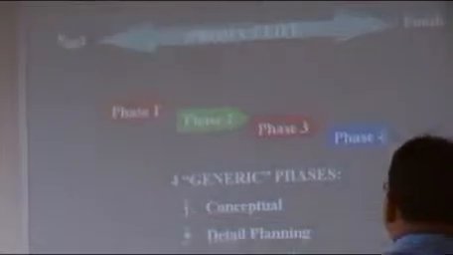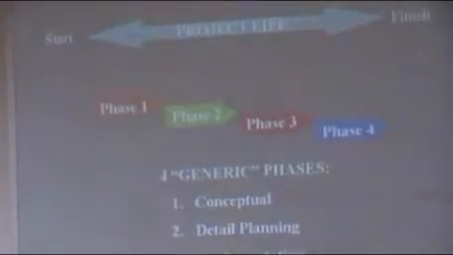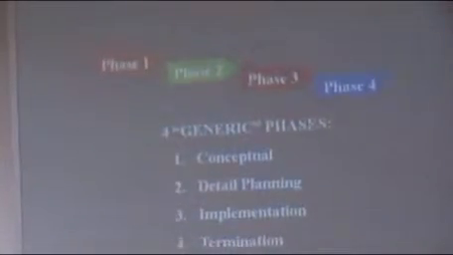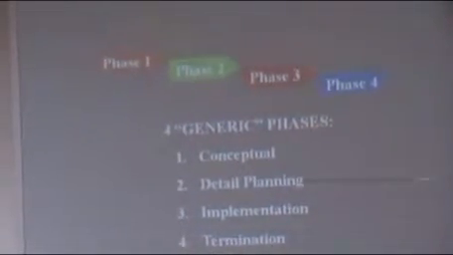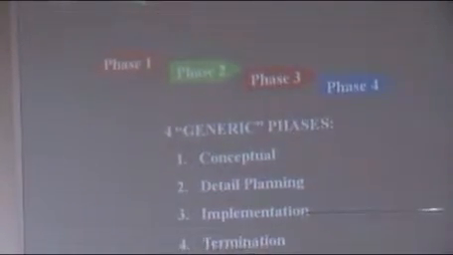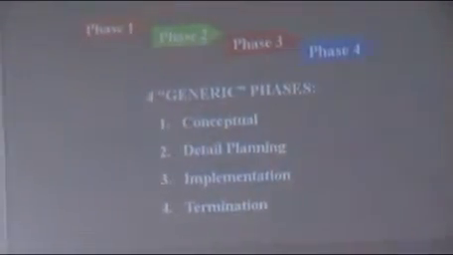There are generically four phases. Phase 1 is called the conceptual phase. Phase 2 is called the detailed planning phase. Phase 3 is called the implementation phase. And phase 4 is the termination, another word for which is the closeout phase.